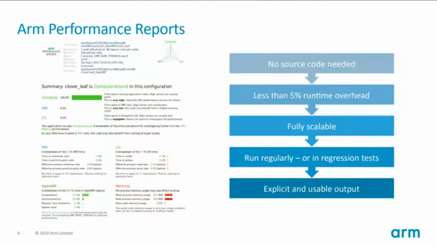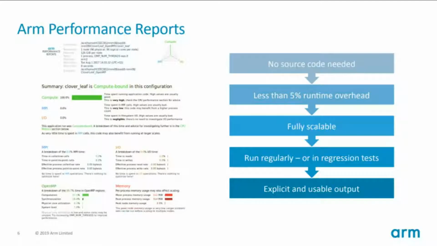Okay, so I mentioned performance reports as a tool for the first step in the analysis of your output. This is just a sample, and we'll actually create one and look at the details, but it's a single page HTML report. At a high level, it shows you time spent in compute.